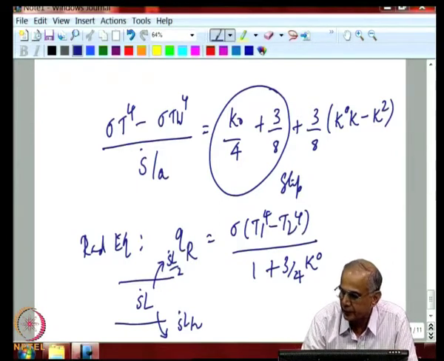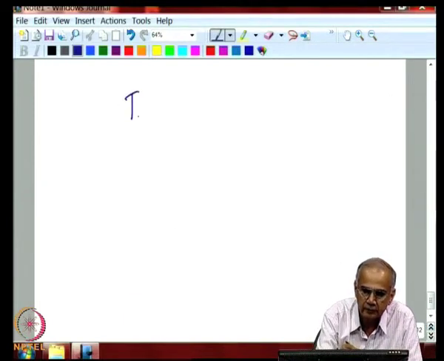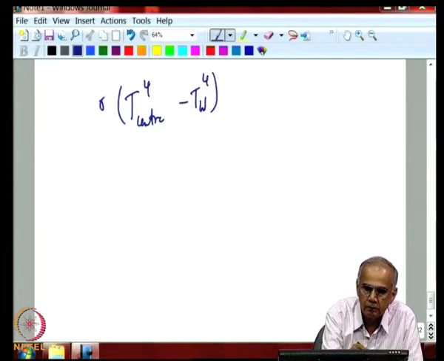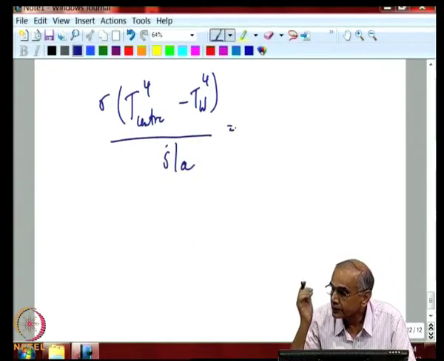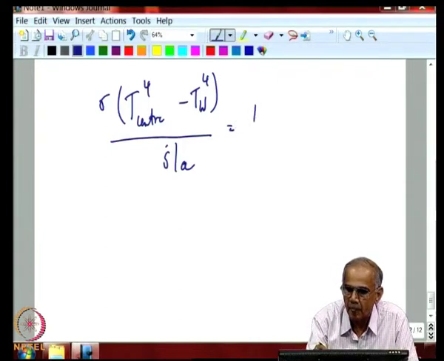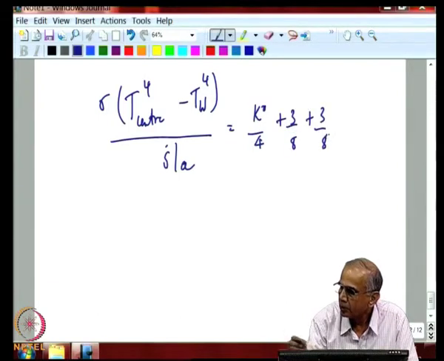As a matter of fact, we can take the case where K 0 is half, T center line, and this will come out as this is K 0 by 2. So, we will get K 0 squared by 2.